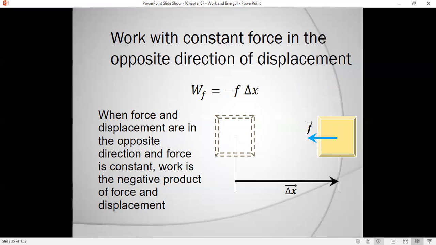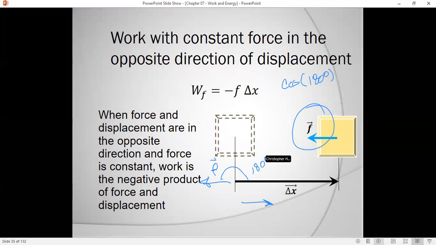Okay, what if the force is pushing in the opposite direction, as in the case of friction? Well, if we think about this, the cosine of 180 degrees, because friction is pointing this way and the displacement is pointing this way, so there's 180 degrees between the two, is -1.